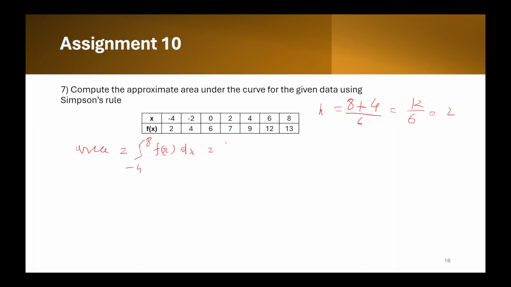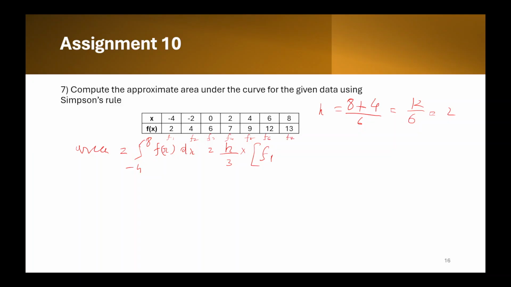So I write the relation here, h by 3 into, sorry, f1. So this is f1, this is f2, f3, f4, f5, f6, f7. I can write it here. f1, f2, f3, f4, f5, f6, f7.